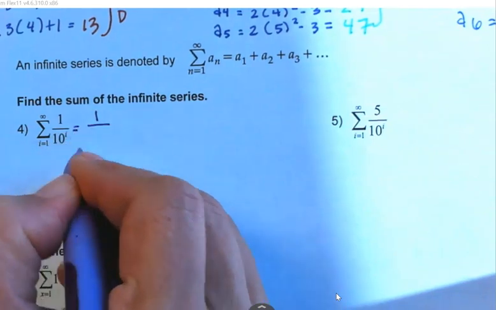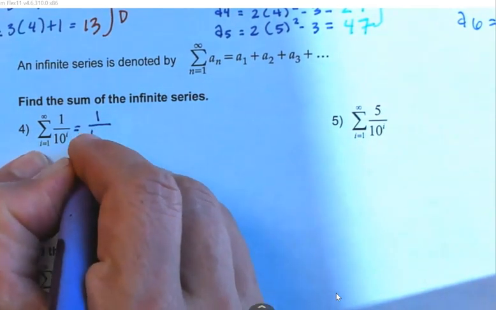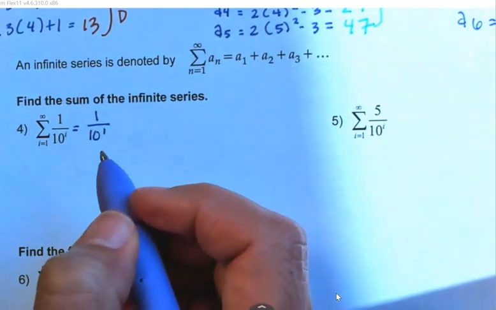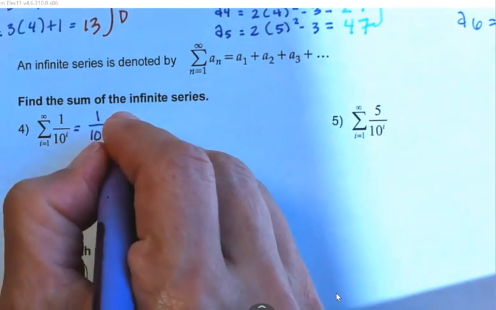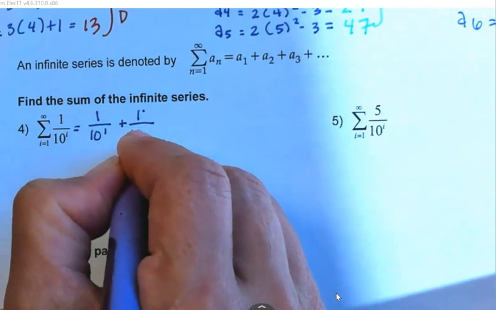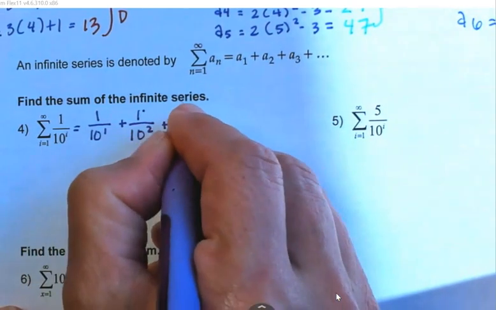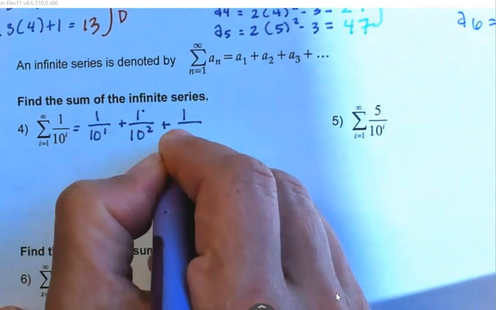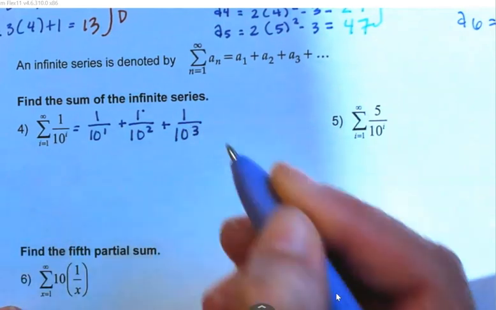So this is going to be 1 over 10 to the first term, so that's 1 over 10. That's the first term. The second term is going to be 1 over 10 squared. Third term is going to be 1 over 10 to the third.